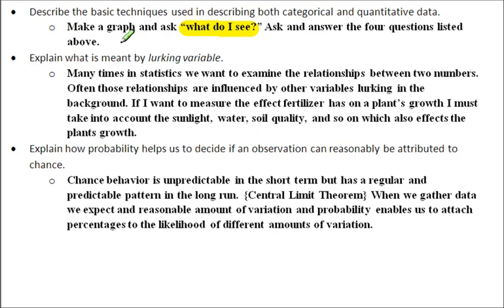A lurking variable is not something that is going to be on the AP exam, but it's important to be able to distinguish between a lurking variable and a confounding variable, which will be included in the AP exam. A lurking variable is something I could not have expected to happen.